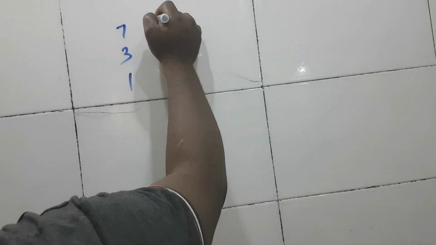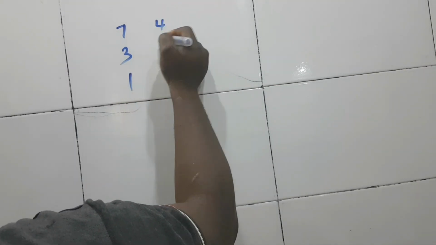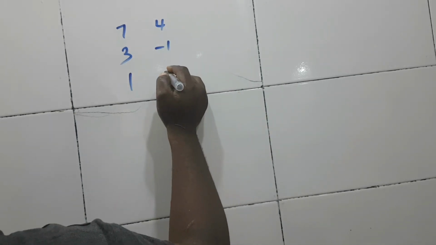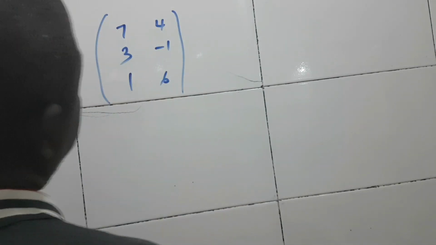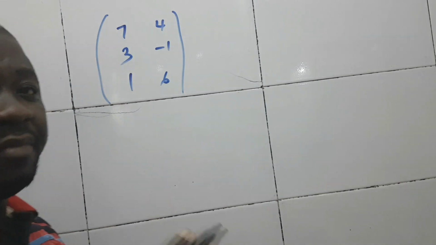Let's say I have 7, 3, 1, 4, minus 1, and any other arbitrary number, let's say 6. This is a matrix arrangement.